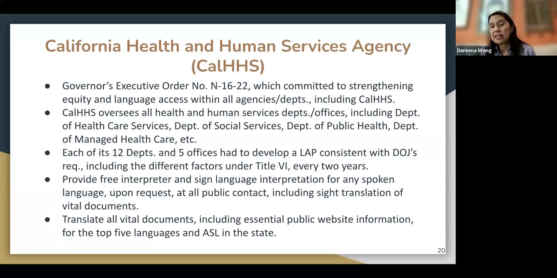As you can see, it requires each of its agencies to have a language access plan, provide interpreter services at all public points of contact, and translate all vital documents, including essential public website information, in the top 5 languages and American Sign Language in the state.